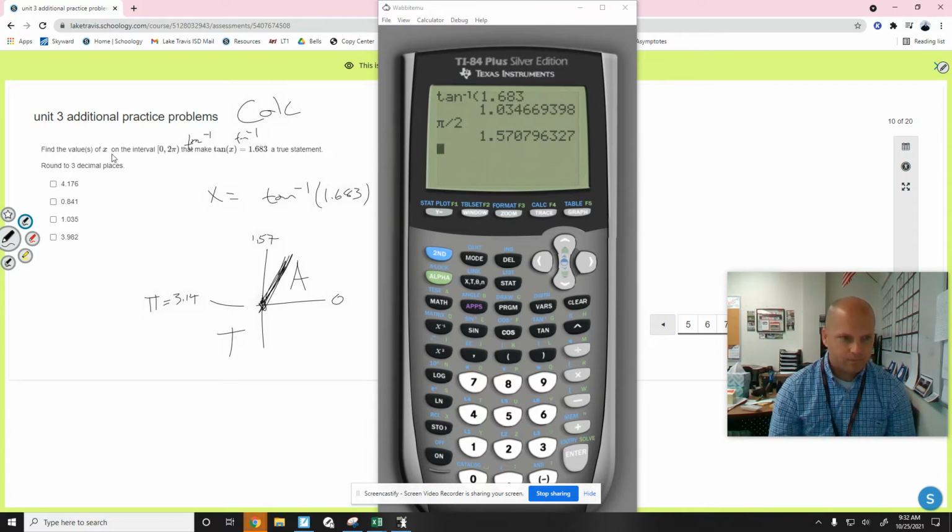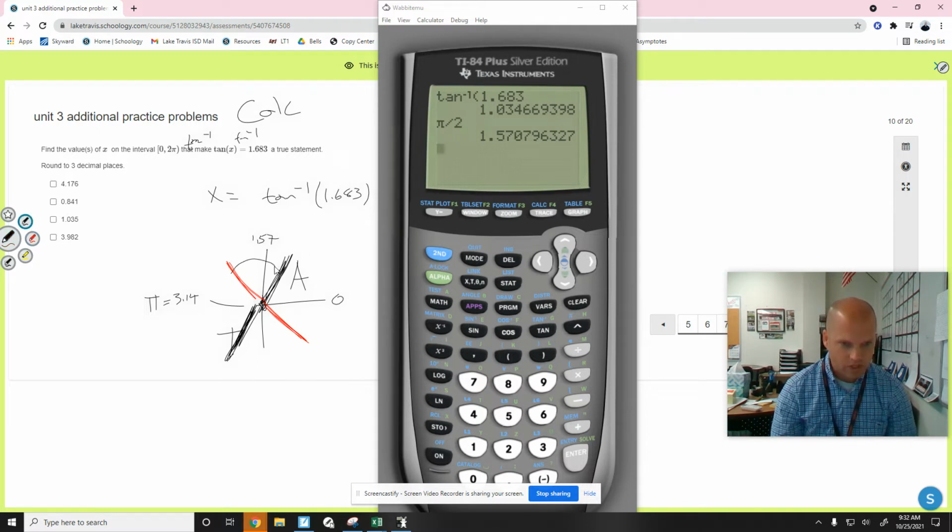But here's the deal. Find all of the values from 0 to 2 pi. We know there's got to be another angle right here where the tangent of that angle is also equal to 1.683. Now, with tangents, all of the solutions can be found easily because tangent's always going to be opposite in our unit circle.